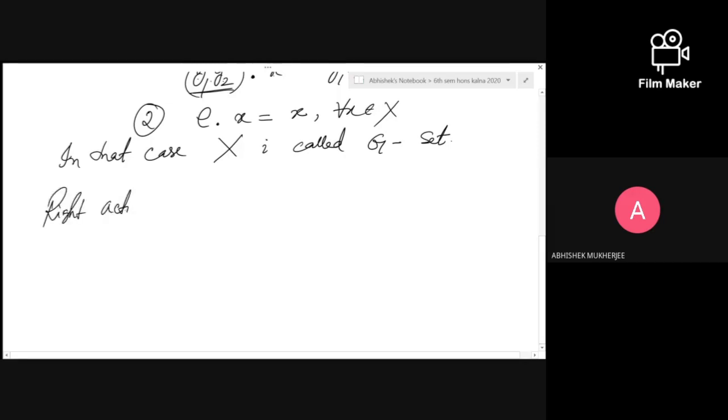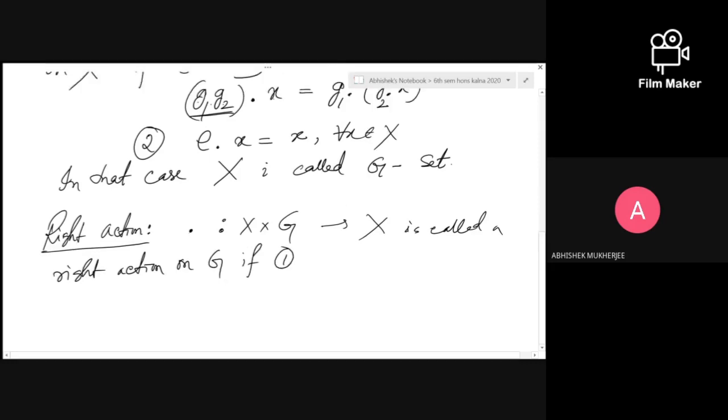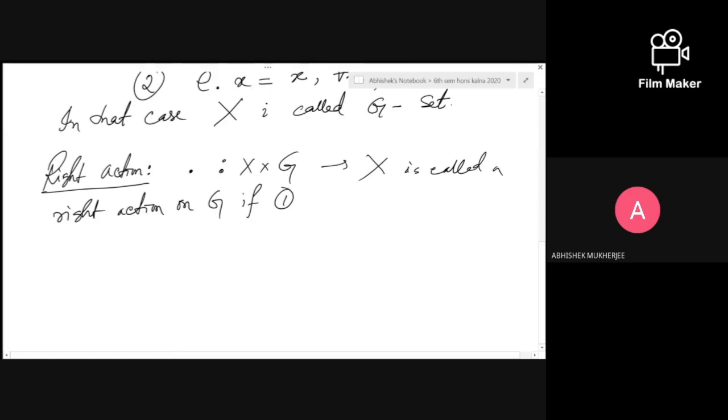So, right action means the dot map from X cross G to X is called a right action of G on X if the first condition is, x dot g1 g2 will be x dot g1 dot g2.